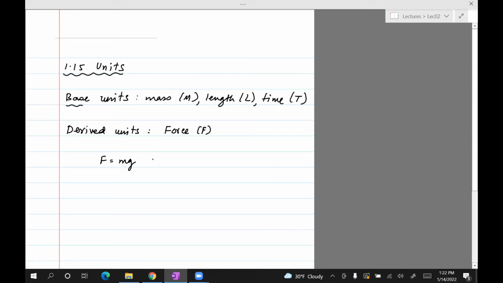Once you have the definition, you can write the units. Mass is M, and gravity is meters per second squared, so length times T to the power of -2. That is the units of force in terms of the base units: mass, length, and time.